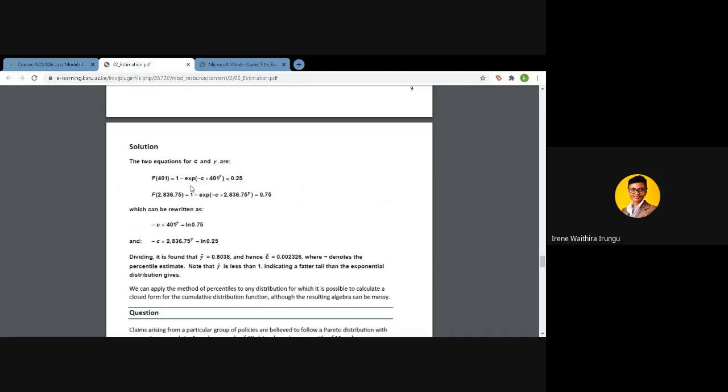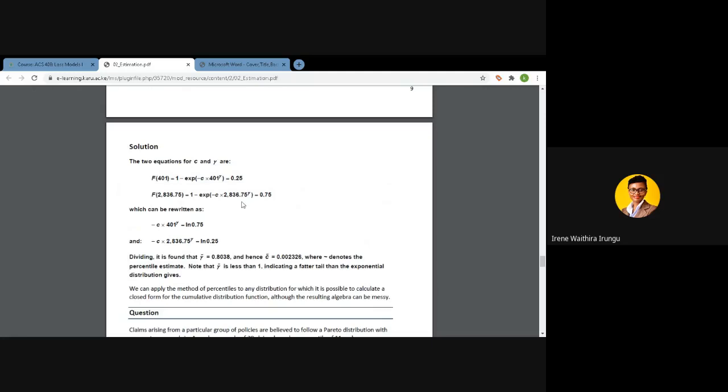Then you'll be left with the exponent being equal to positive 0.75. From there, you can take the natural log. If you take the natural log of the exponent, it remains as the power, which is what you have there, and on the other side it will be the ln of 0.75.